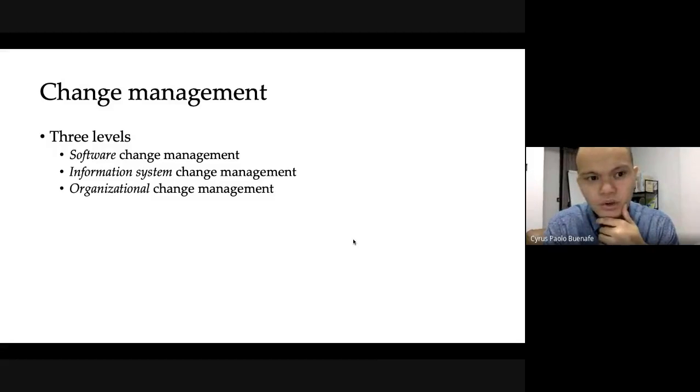And we're going to talk very briefly about the three levels of change management. So obviously there's software change management, the typical things that you've learned in development. There's also system change management, or information system change management. And the third level, which some of you would have realized by now, is organizational change management, the so-called non-technical side of things. Now, there's this temptation to think that just because we're IT people, we just stick with the technical and forget about the non-technical, like having to manage culture or getting the buy-in of people.